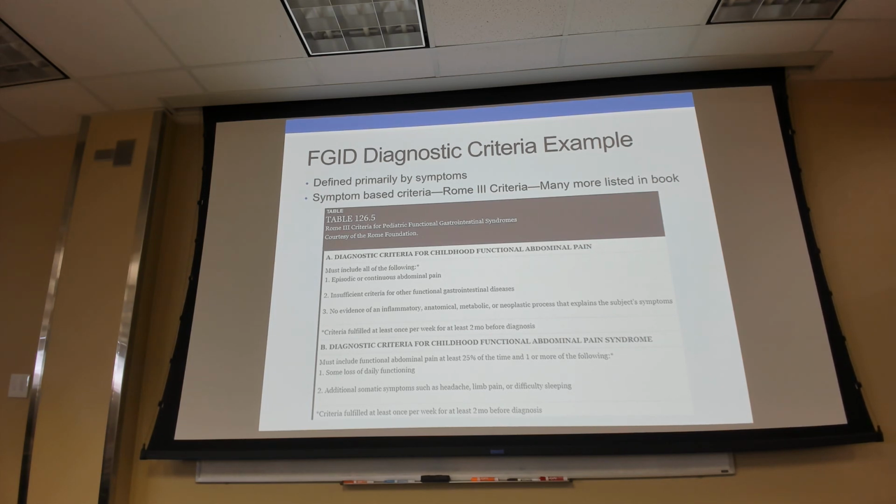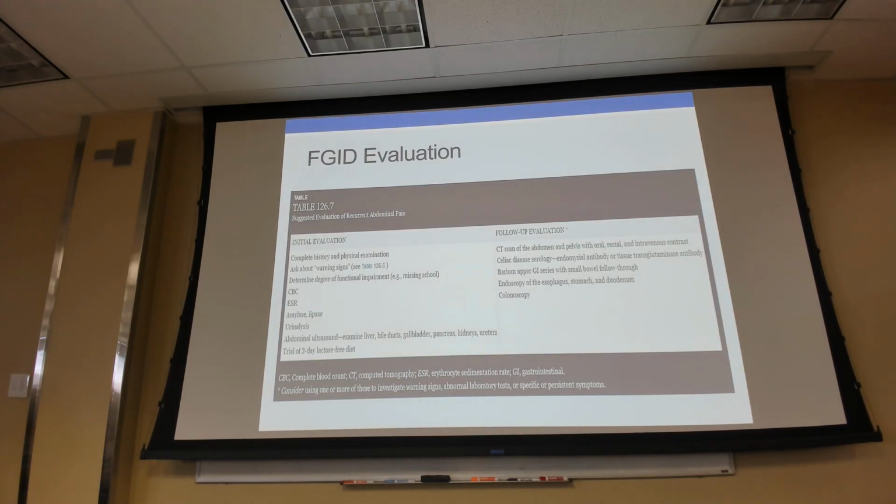So for any of your functional disorders for any system, kid or adult, what is the functional impairment? You will need to be able to specifically talk about that. And then what other somatic issues are they having? Does it accompany headaches? Does it accompany sleep issues? Does it accompany any kind of other pain? So you see that often in some of your diagnostic criteria.